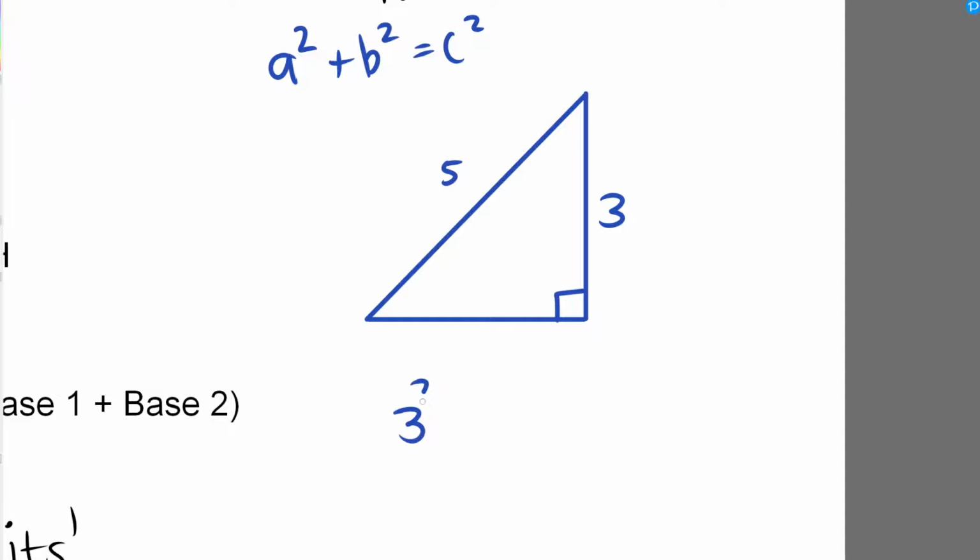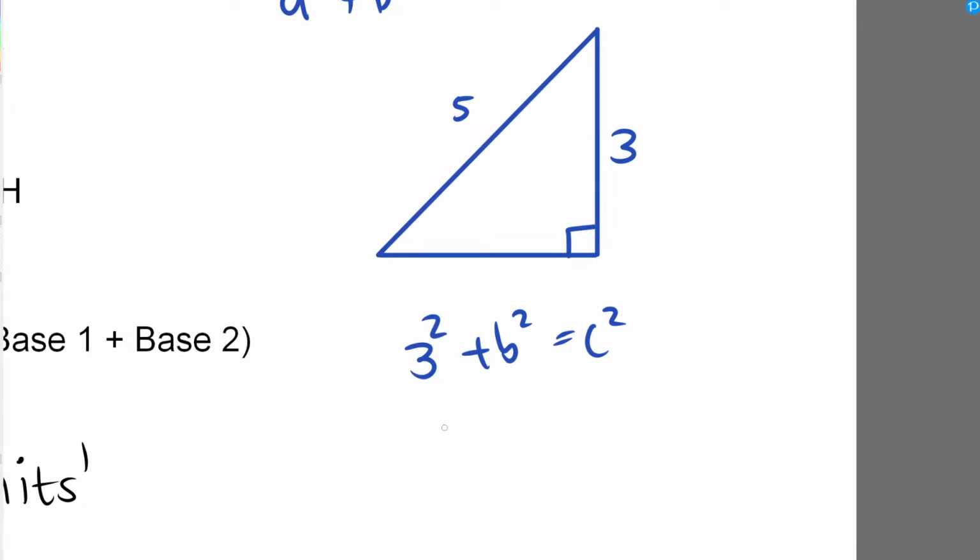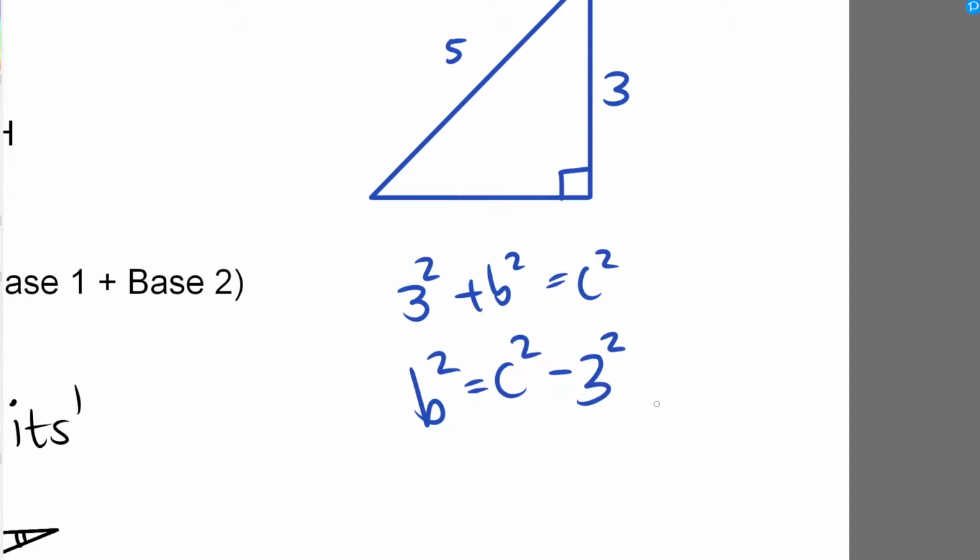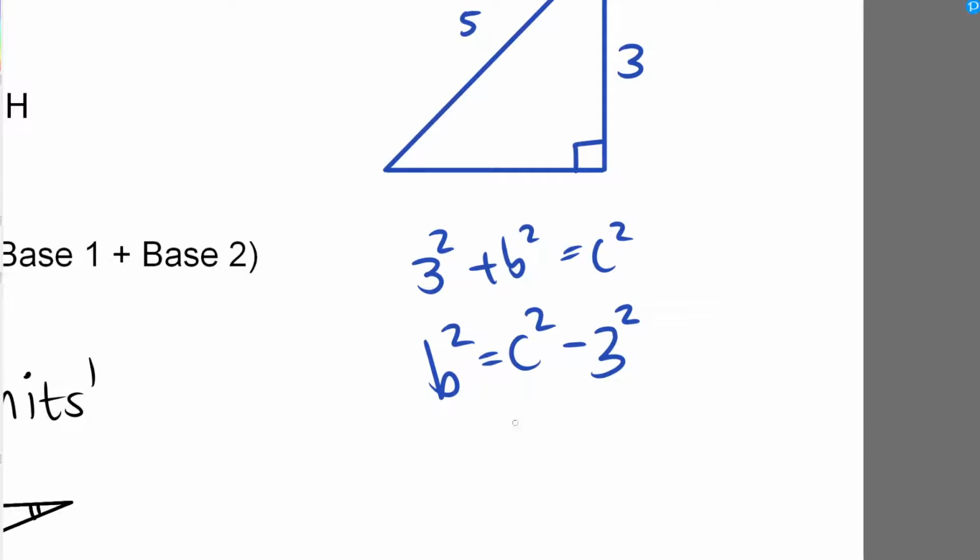Let's say 3 squared plus b squared is equal to c squared, and we want to get b squared by itself. Actually, it's easier if we move this 3 squared over. So b squared is equal to c squared minus 3 squared, which is 9. And sorry, we already knew c, which is 5.